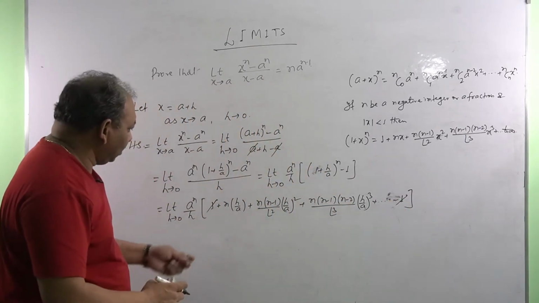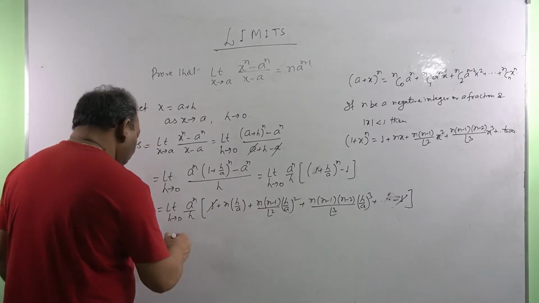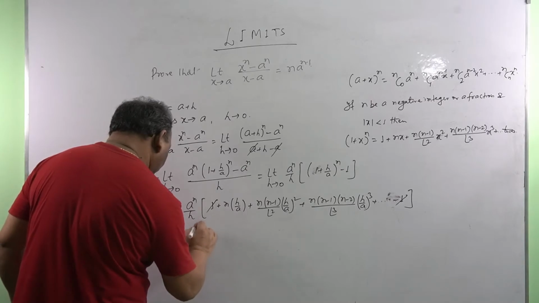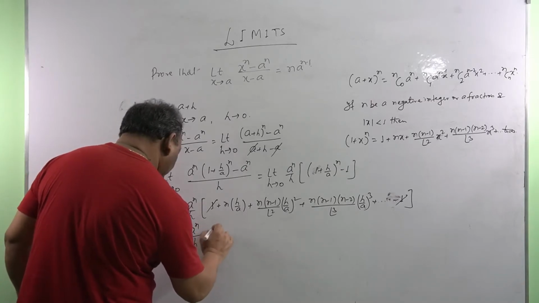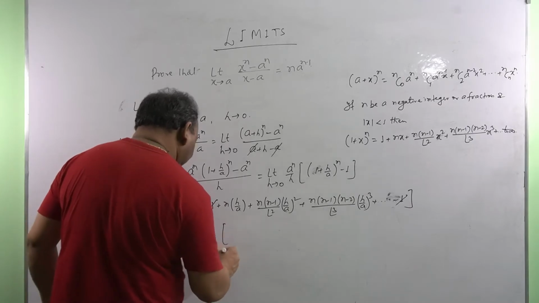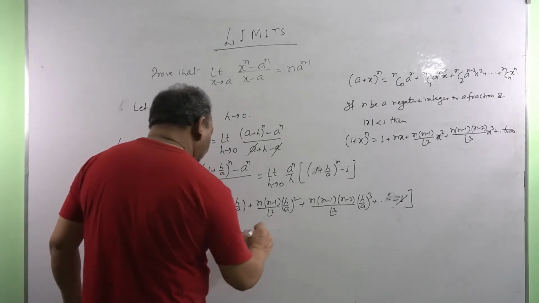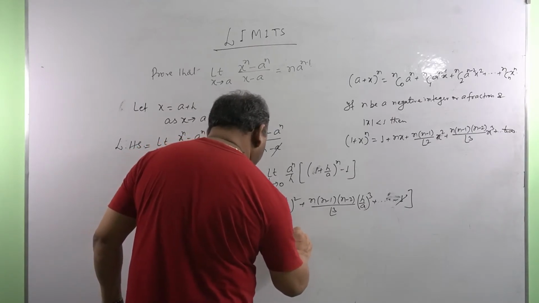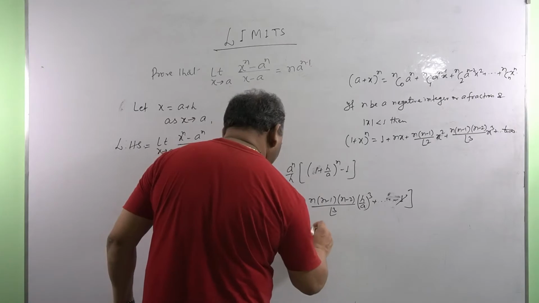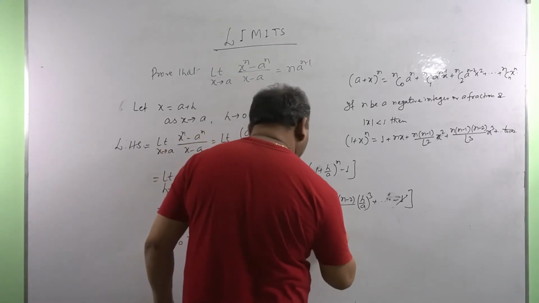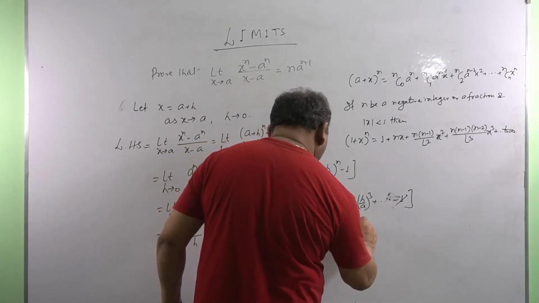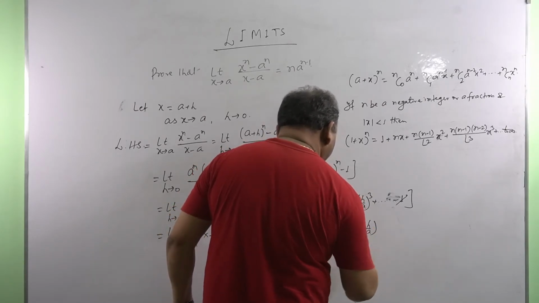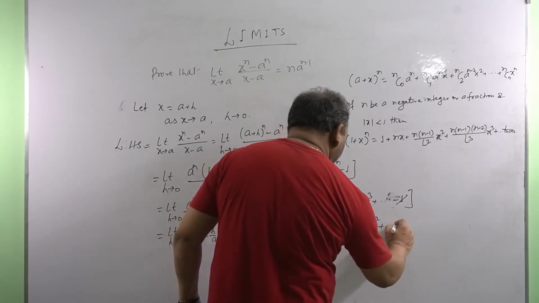Now we can take h by a common. So take h by a common: limit h tends to 0, a to the power n divided by h multiplied by h by a common into (n plus n into n minus 1 upon 2 factorial into h by a plus n into n minus 1 into n minus 2 upon 3 factorial multiplied by (h by a) whole square plus dot dot).